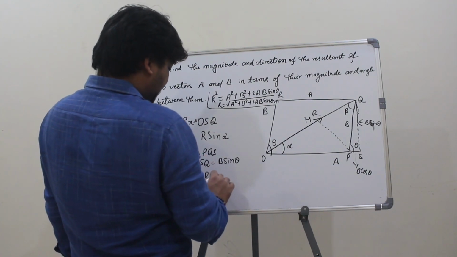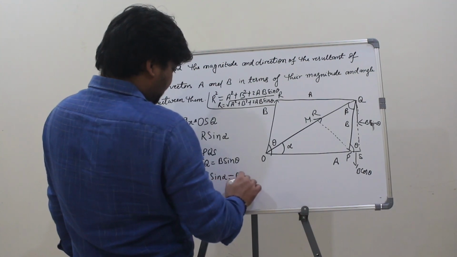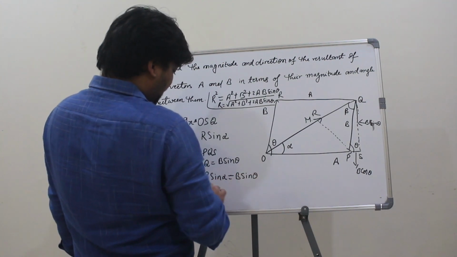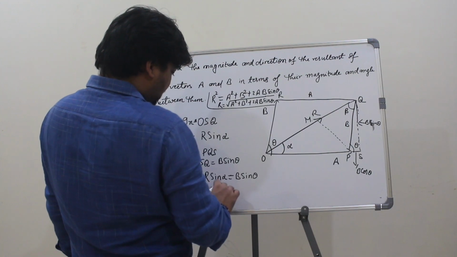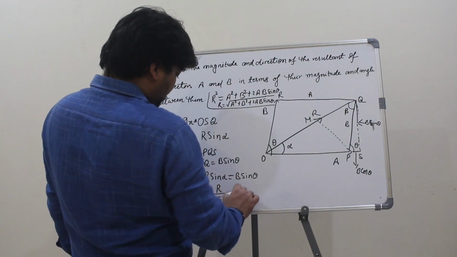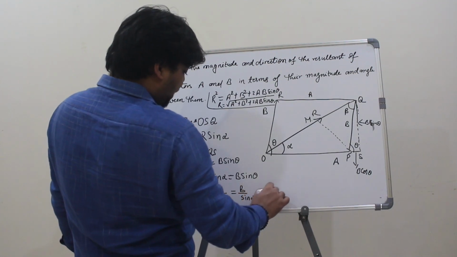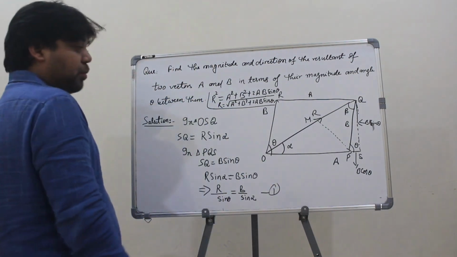That R sin alpha is B sin theta. It means that R by sin theta is B by sin alpha. That is one relation we have.